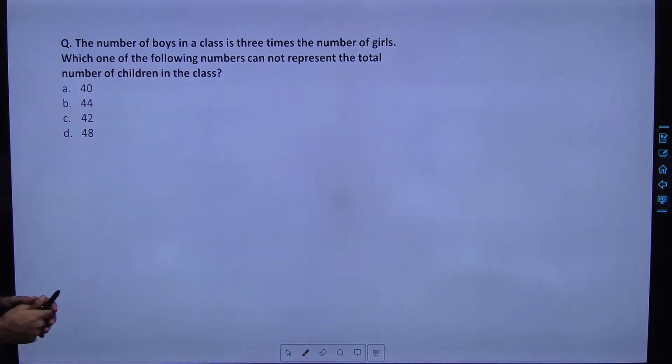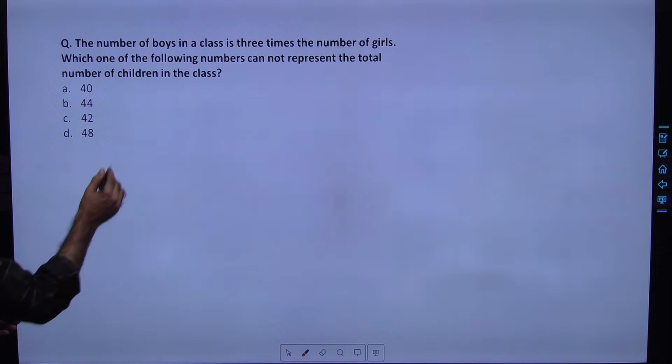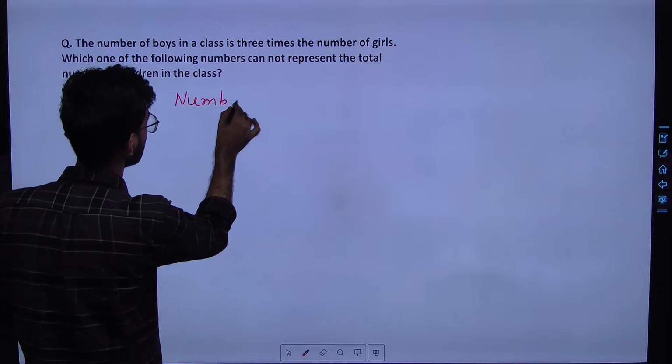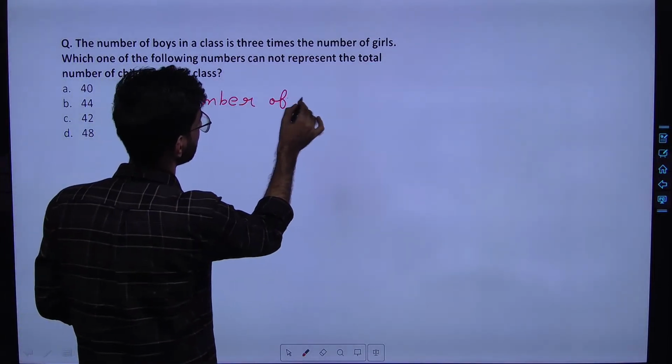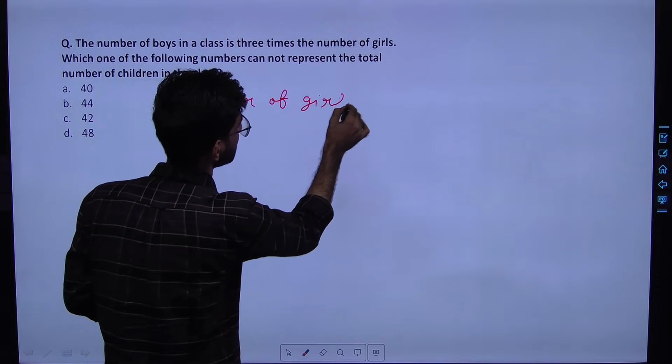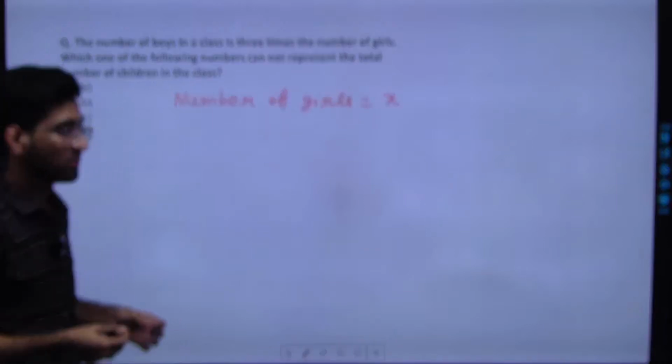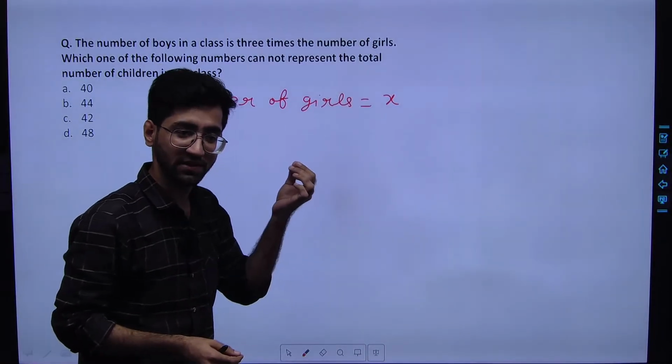What is given in the question? The number of boys in a class is 3 times the number of girls. Okay, let us assume that number of girls in class is P. See, you can assume it as X also, P also, Y, K, whichever letter you are more comfortable, right?